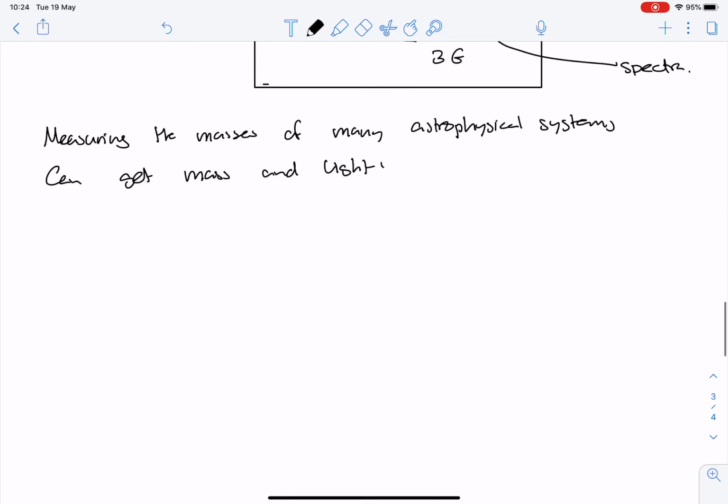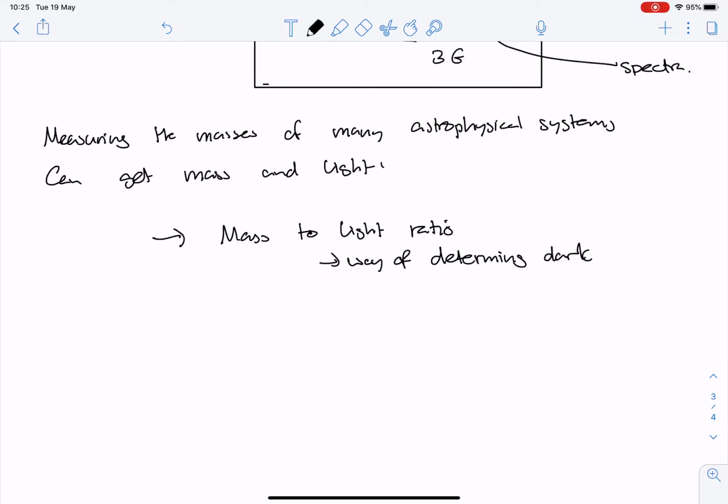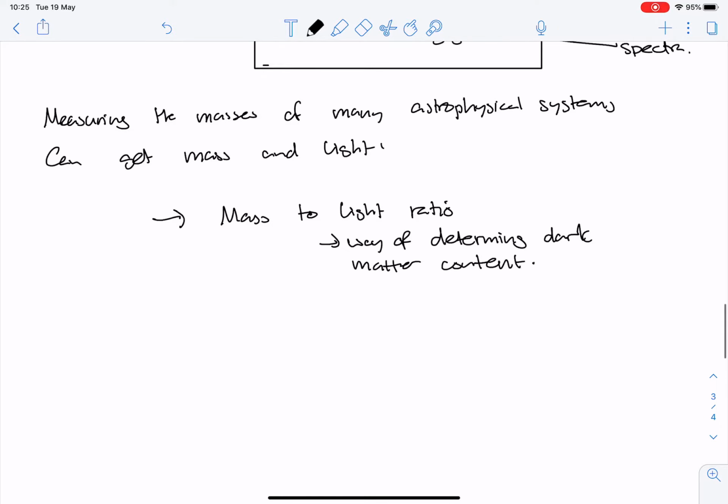And what that gives us is something called the mass to light ratio. And it's a way of determining the dark matter content. And a very common thing is we say M over L equals 1 for one solar mass.